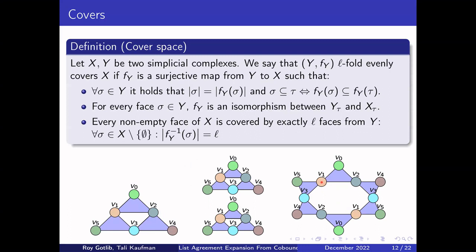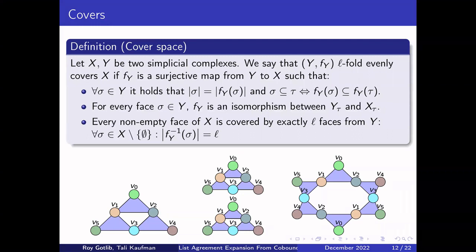And every face cannot, in a sense, distinguish between whether it is in the original complex or in the covering space. So, for example, V1 sees a triangle that contains V0 and V2, and a triangle that contains V5 and V3. And so it would see essentially the same triangles in the covering spaces.